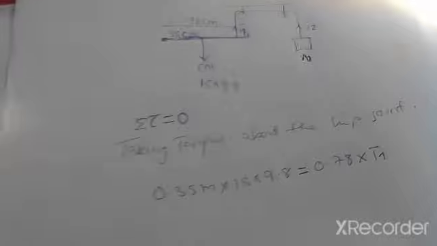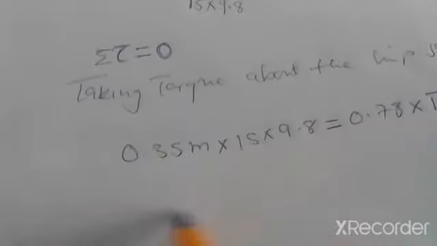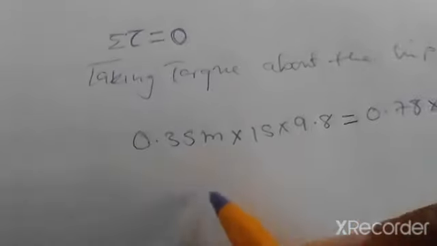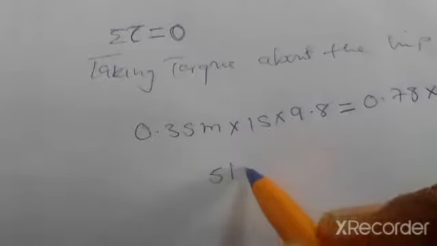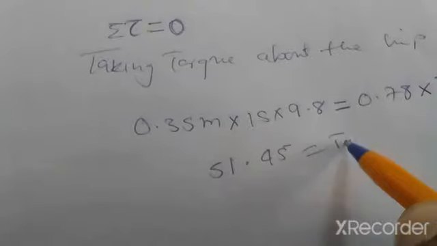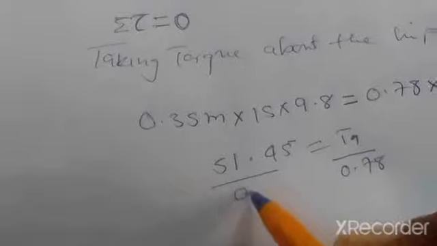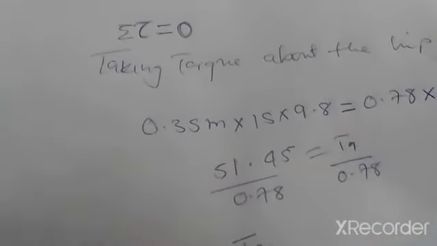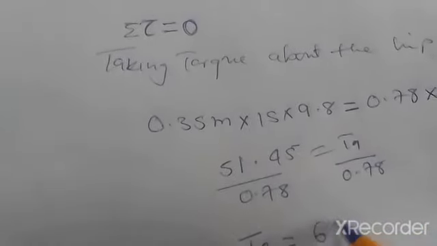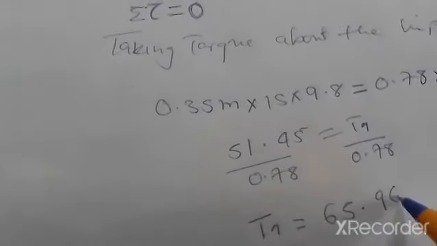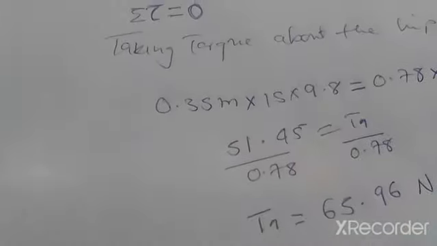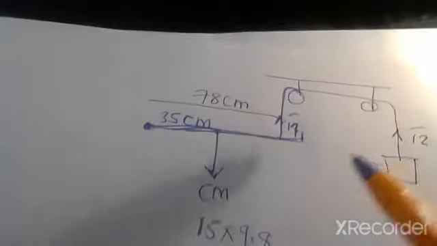To find T1, I'm simply going to multiply this, and you get 51.45, which equals T1 multiplied by 0.78. So divide by 0.78, and T1 will give us 65.96 newtons. That's T1, which is here.